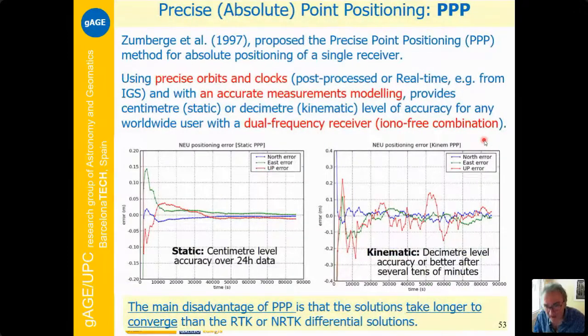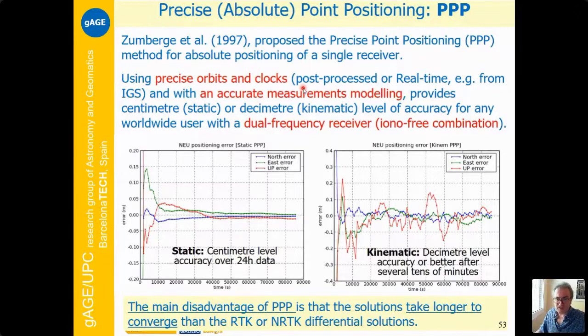Well, about the history, PPP was proposed at the end of the 1990s by Zumberge. At that time, this is a method for absolute positioning with a single receiver, as we commented before. At the beginning, it was a technique developed for post-processing mode, not for real time.